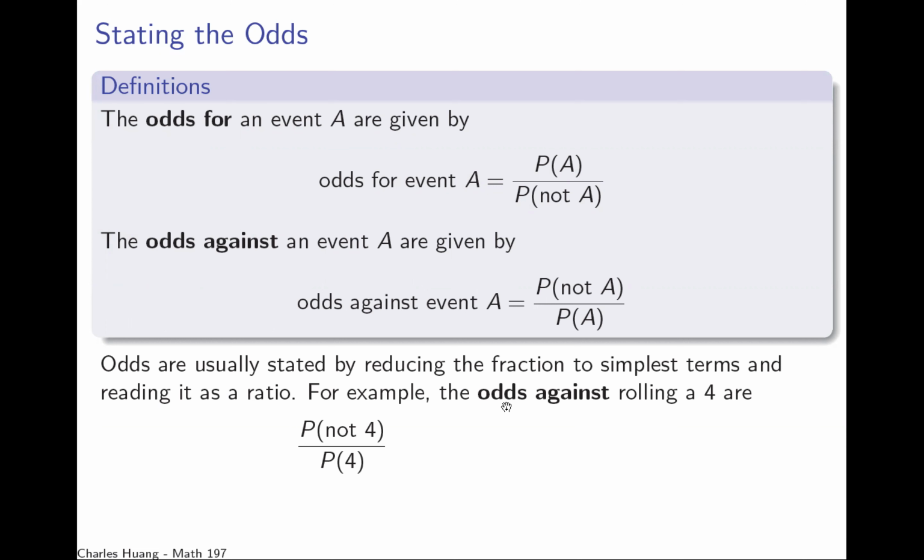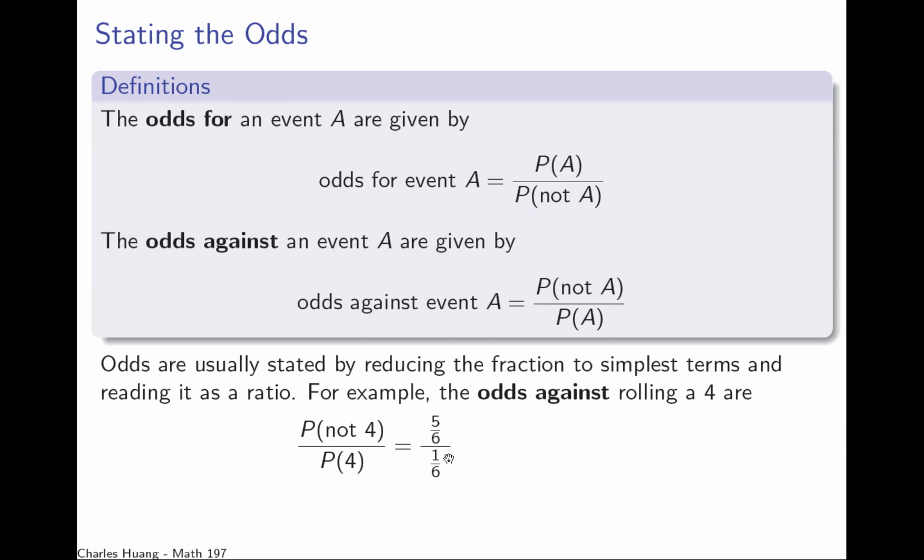So for example, if I look at odds against rolling a 4 on one die, to get a 4, there's 1 out of 6, right? 1 out of the 6 numbers on the die is a 4. The other 5 numbers are not 4. So that's why it's 5 over 6. 5 different numbers that are not 4, out of 6 in total.